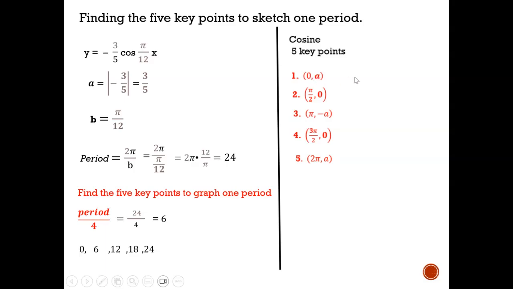So it's going to be 0, negative amplitude, which would be 0, negative 3/5. And then 6 will be 6, 0. And then 12, the positive amplitude, which will be 3/5. And then 18, 0. And 24, negative amplitude. So those are my 5 key points.